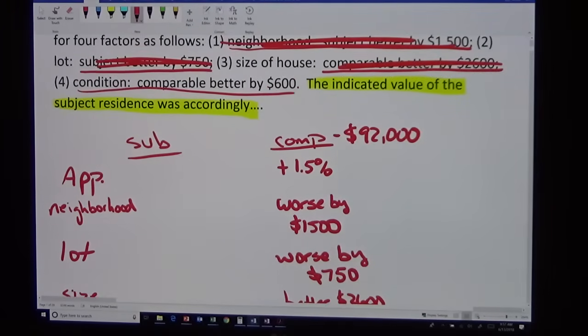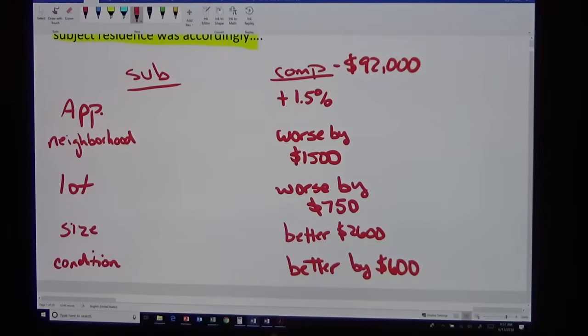So now we're ready to make all of our adjustments. They want to know the value of the property. So now we just want to make our adjustments here. The first one they tell us that we need to adjust for is appreciation. Now appreciation is a positive adjustment. We've gone up 1.5%. Well, it's 1.5% of the $92,000 that we've got over there.